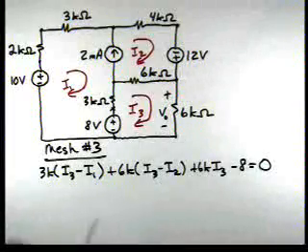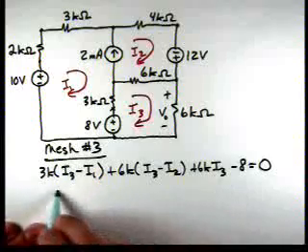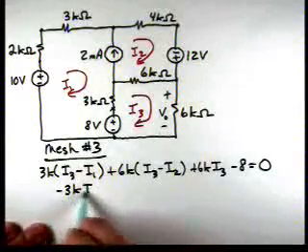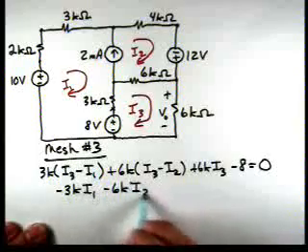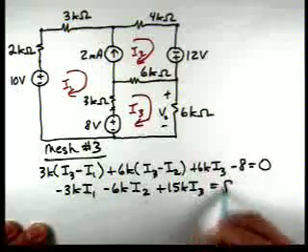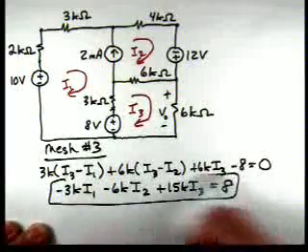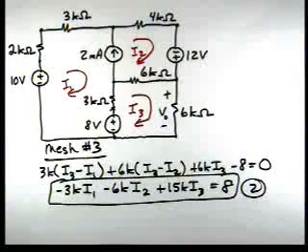So if we simplify this equation, we'll have minus 3K times I1 minus 6K times I2 plus 15K times I3 equal to 8. There's our second equation.